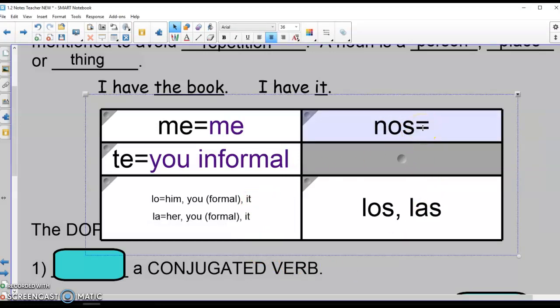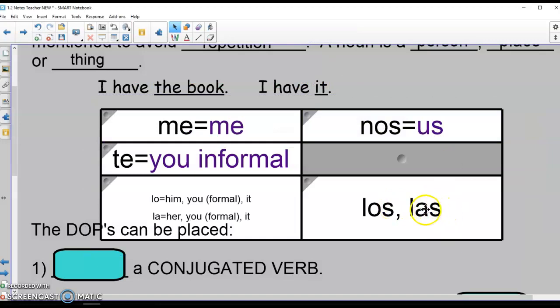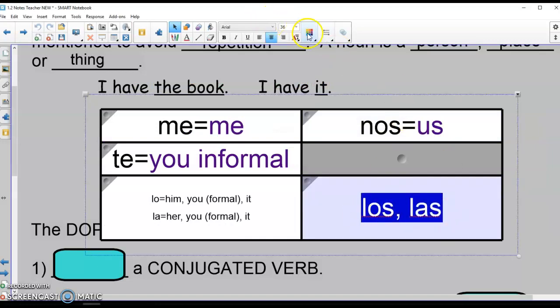Okay, nos is going to mean us. And then los and las are going to have multiple meanings as well. So los can mean them or you all.